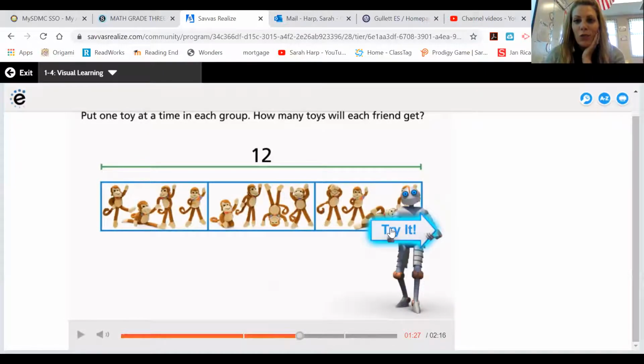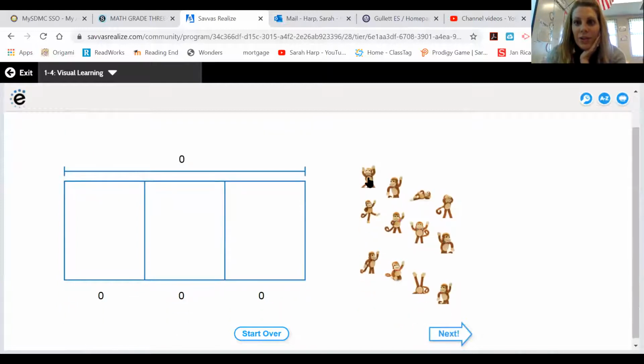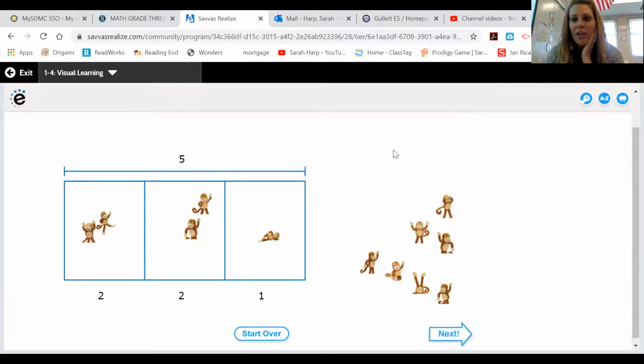All right, so if we try it, let's see. Every time I'm giving it to the different friend, right? So then they all have one. So I'm going to start over. And I'm going to make sure that they each have 2. All right. So now I'm going to keep going.